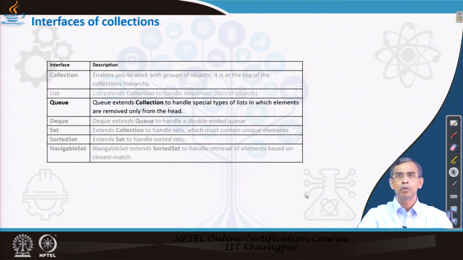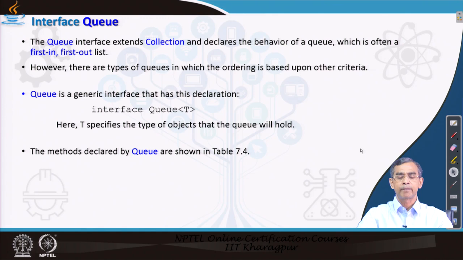So, there are two ends actually, one is the front and another is the rear. Insertion takes place at the rear position and deletion takes place at the front position. In order to maintain a queue, different methods are declared in the queue interface.